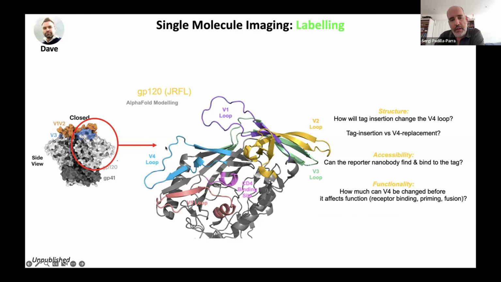And we have chosen the V4 loop because there are reports out there showing that the V1, V2, and V3, they are glycosylated in a way that is quite important in the process of what we call tropism, because during the process of entry, HIV is going to actually interact with CD4, its main receptor, but also a couple of chemokine co-receptors.